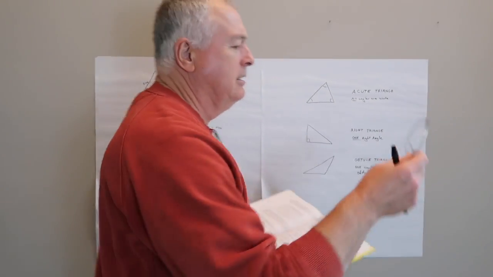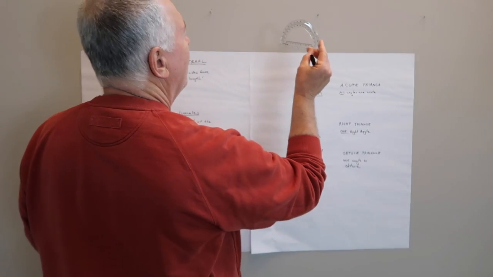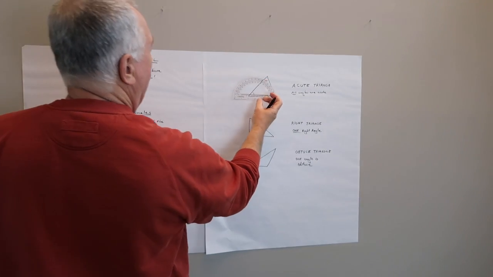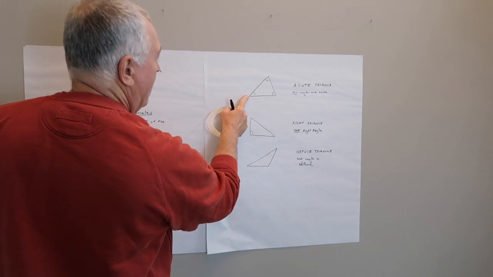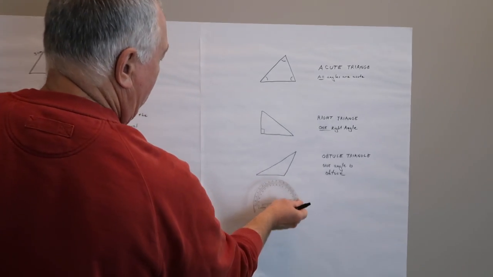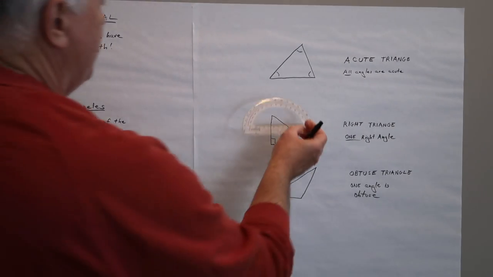Nothing changes. Okay, so here's the protractor. And I'm going to put that dot on there. Actually, there's a line right there. And see how this line is going to the right from that point right there? And see how on this one, everything's going to the left? I'll explain that as we go through here.